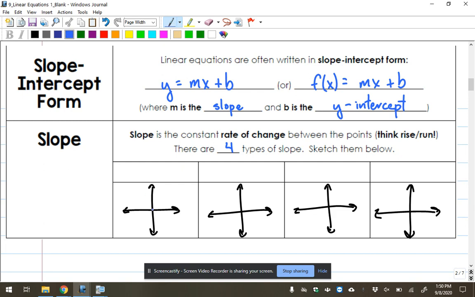If the graph goes up and to the right, what kind of slope is that? Positive slope. If the line goes down and to the right, it's a negative slope.